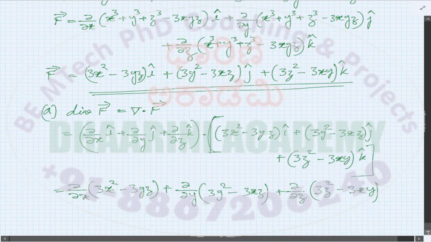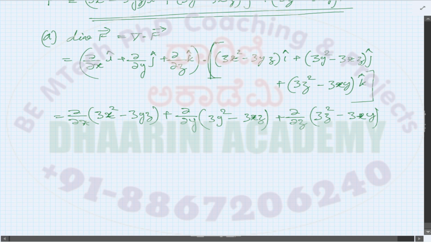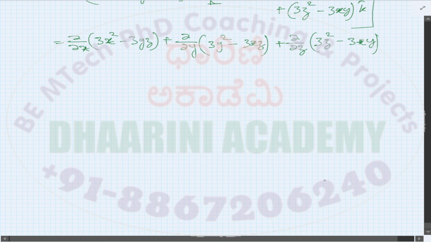I dot i is 1, j dot j is 1, and k dot k is 1. So simply perform the differentiation: 3x square becomes 6x, the second term becomes 0, 3y square becomes 6y, and 3z square becomes 6z. So your final answer is 6 times (x plus y plus z).